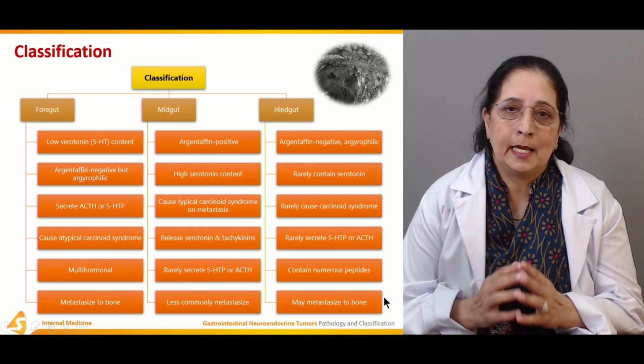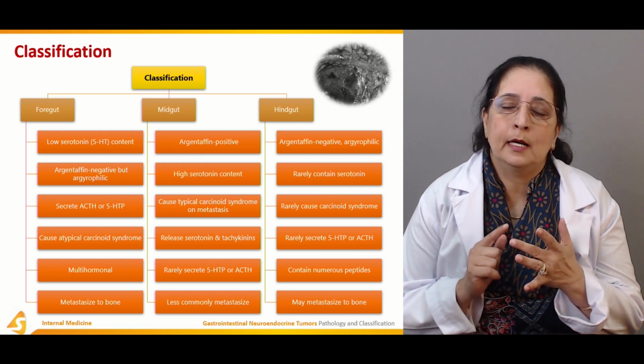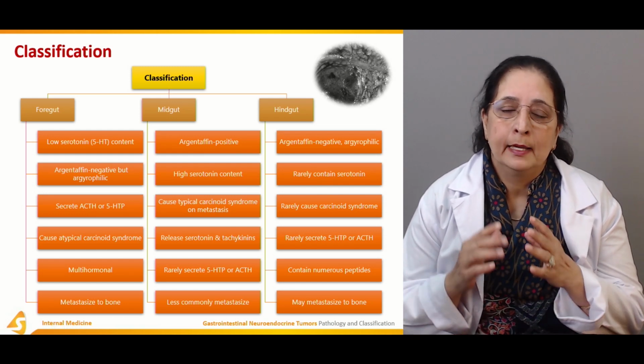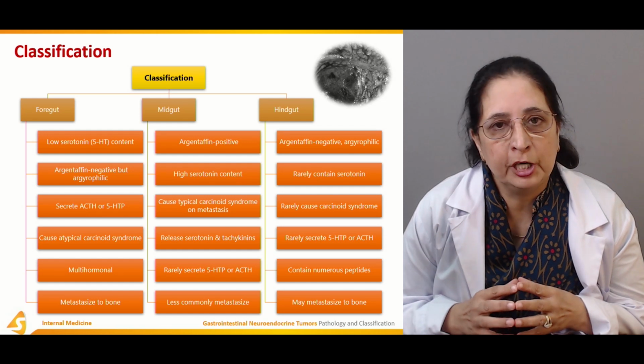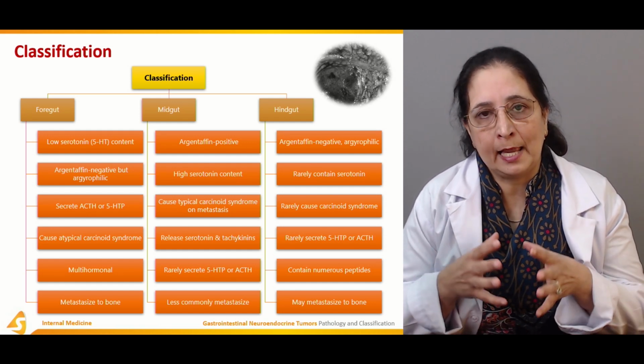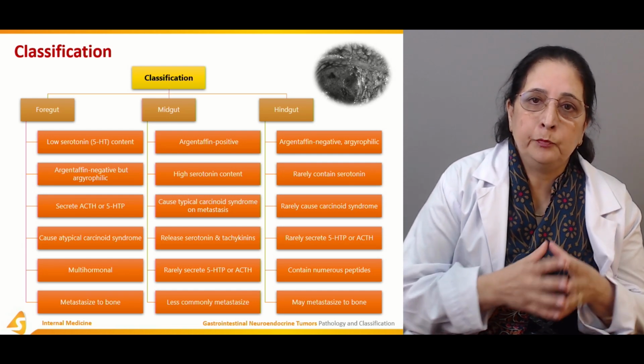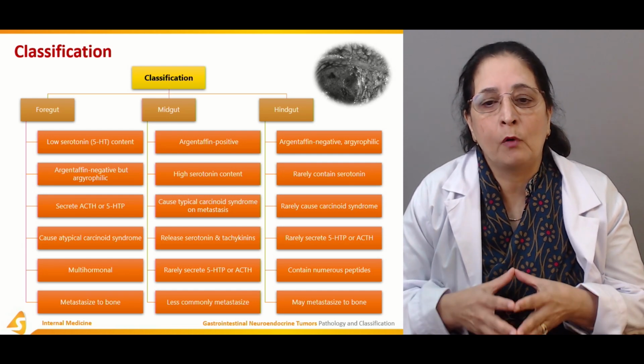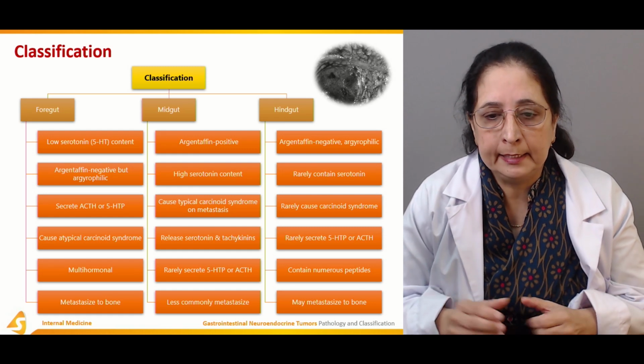So whether the foregut, midgut or hindgut is involved, they have important differentiating features, and differentiating between these features helps to find out which part of the gut is affected by the tumor.